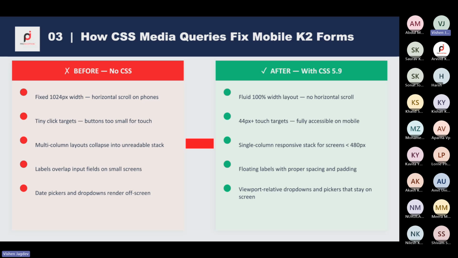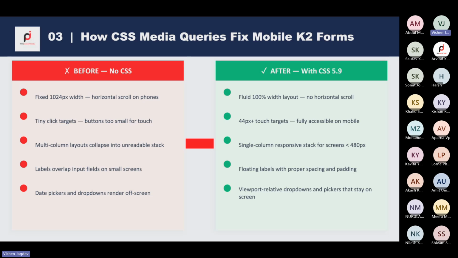Now on the slide, look at the right-hand side. This is what becomes possible with responsive CSS in K2 version 5.9 onwards. The form becomes fluid, using the full width of the screen naturally, with no horizontal scrolling needed. Buttons can become larger and appear touch-friendly.